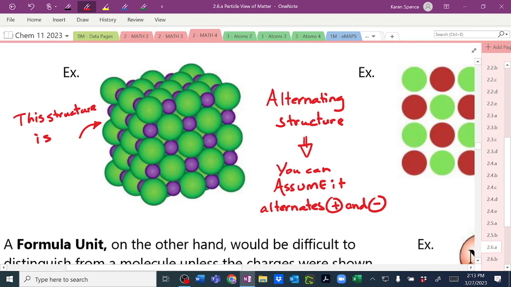Don't think too hard. What does it look like? Looks like an ionic lattice. It is an ionic crystal lattice.